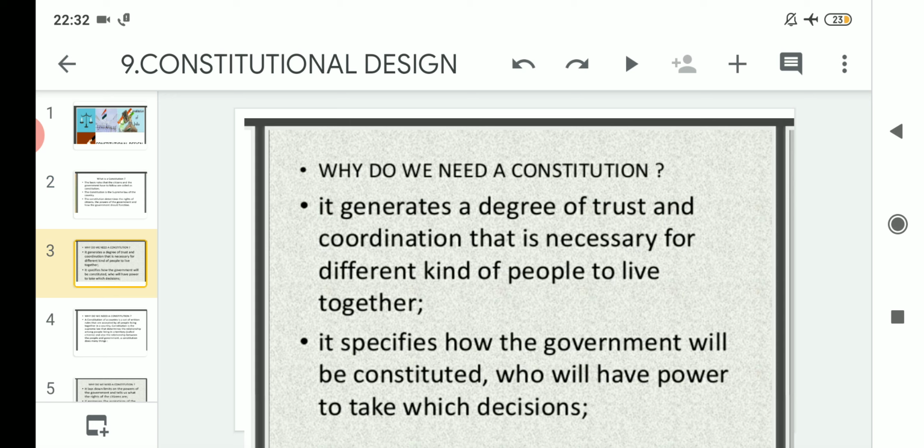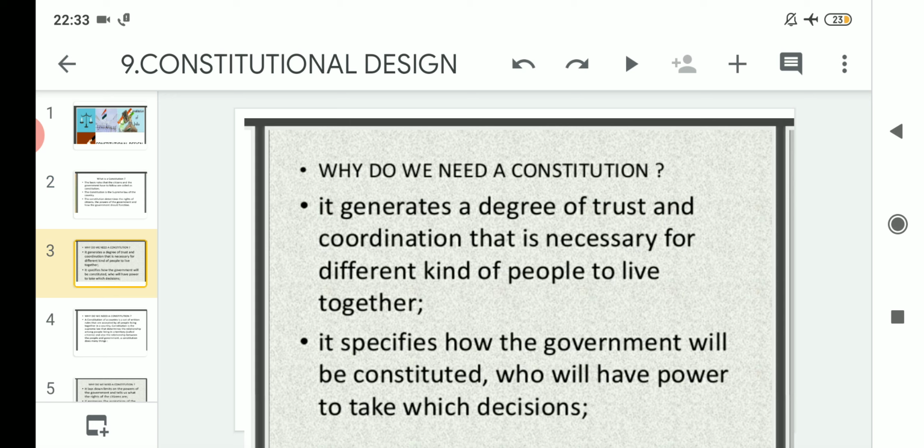Within each other. Then, along with trust, if trust is built up, what will happen? They will coordinate and cooperate with each other. So what will the environment be like? Suppose in a society, people from various religions, Hindus, Muslims, Sikhs, Christians, are there.